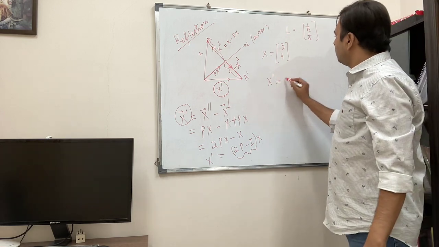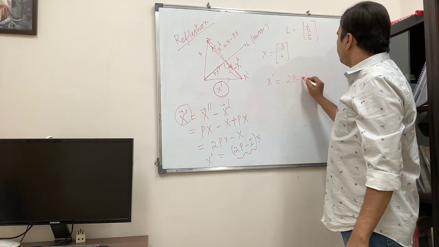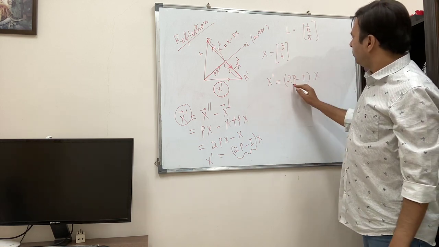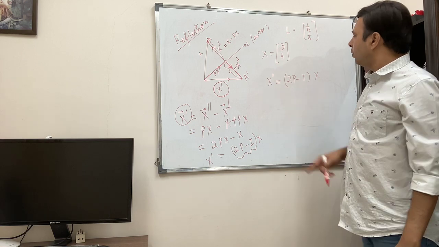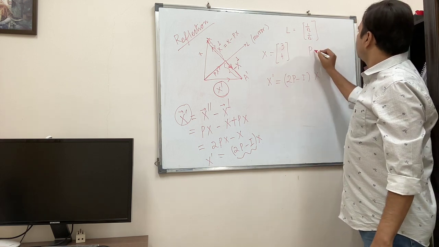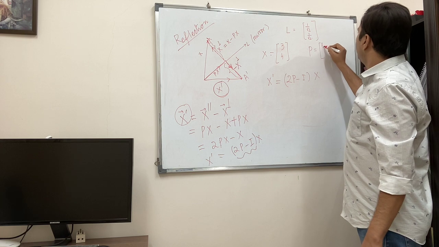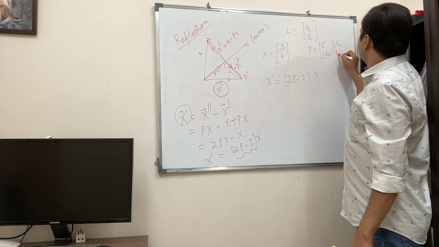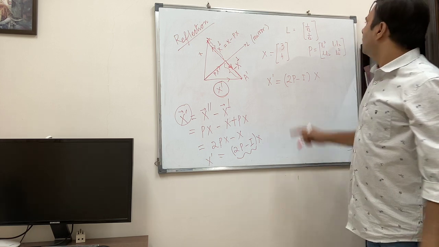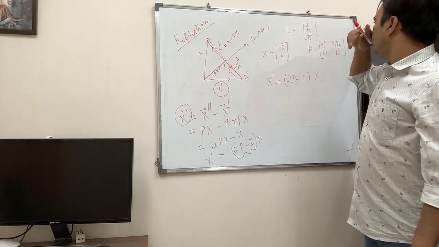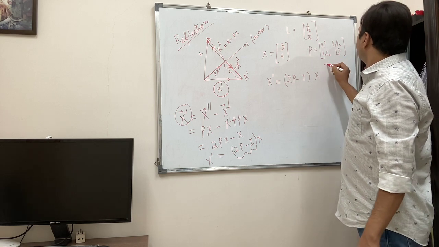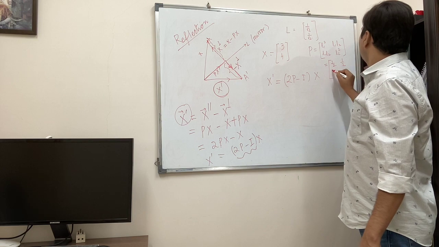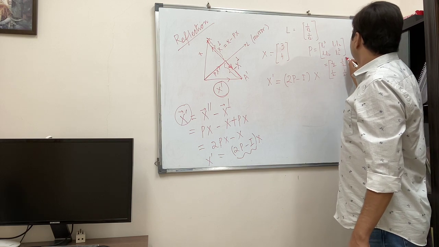So to do that you need to compute 2p minus I times x. Before working that, we need to know what p is. P we already saw. P was of the form L1 square, L1 L2, L1 L2, L2 square in the 2D case, divided by the length of L, which is already 1, so I don't need to worry about that. So this will be half, half, half, half.